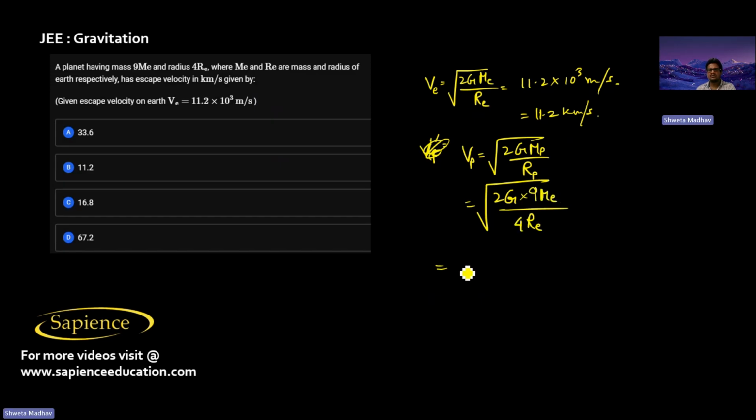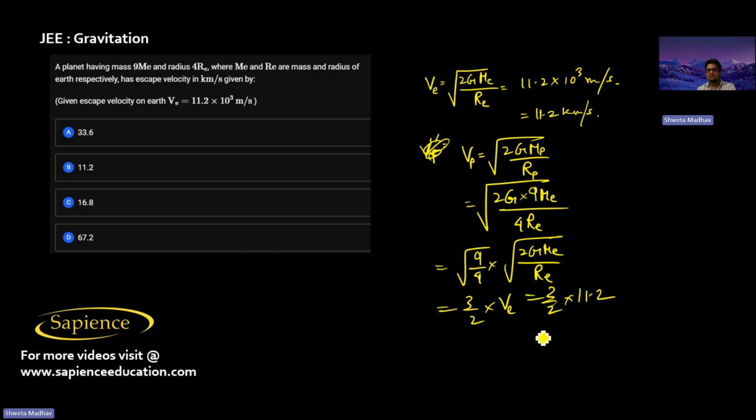So it is the square root of 9 by 4 into square root of 2GMe by Re, equal to 3 by 2 times the escape velocity on the surface of Earth. It is 3 by 2 times 11.2, which is 3 into 5.6, which is 16.8 kilometer per second. Option C is the correct answer.